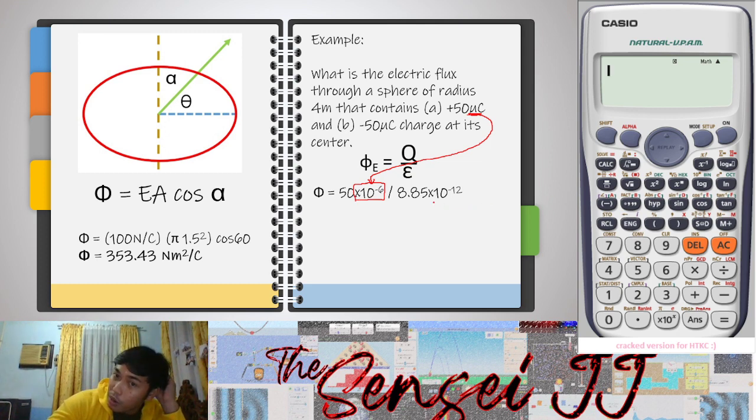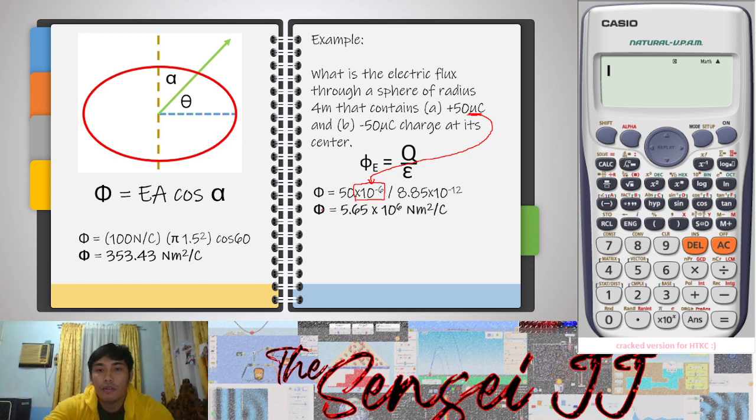And we have here our constant of permittivity of free space, which is 8.85 times 10 raised to negative 12. So 50 times 10 raised to negative 6 for our positive microcoulombs. We have here the value of 5.65 times 10 raised to 6 Newton square meter per coulomb.